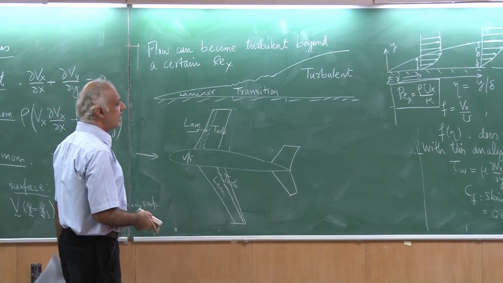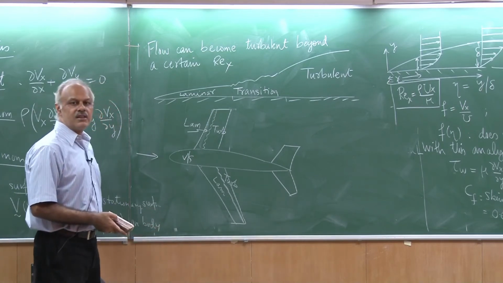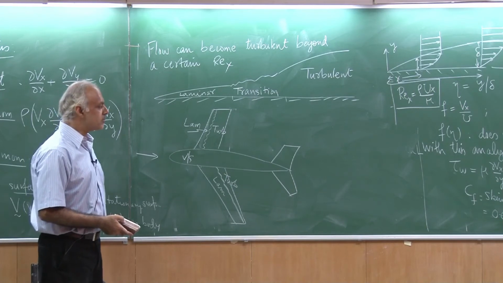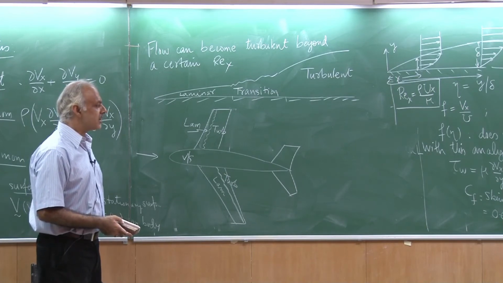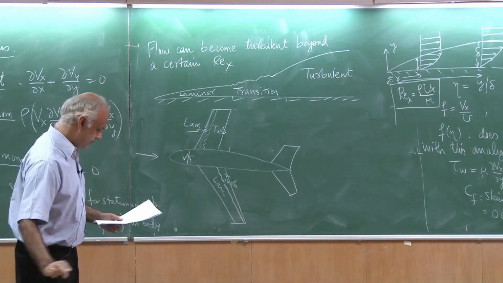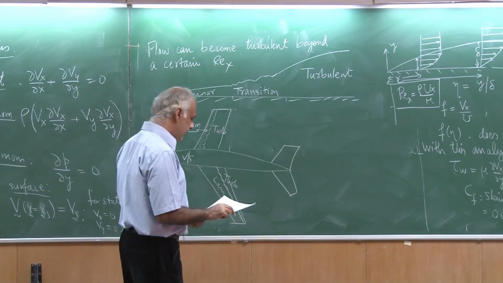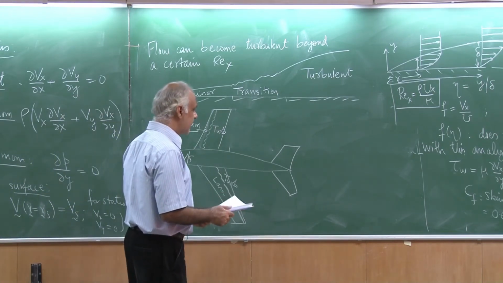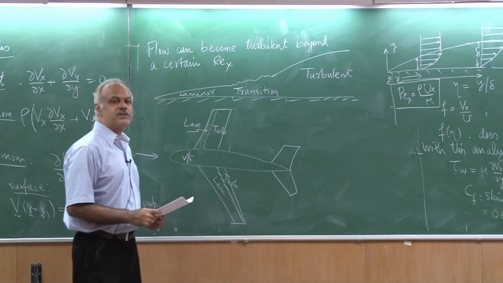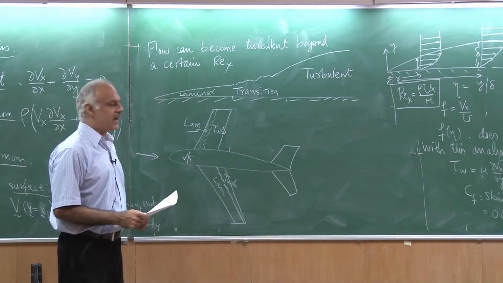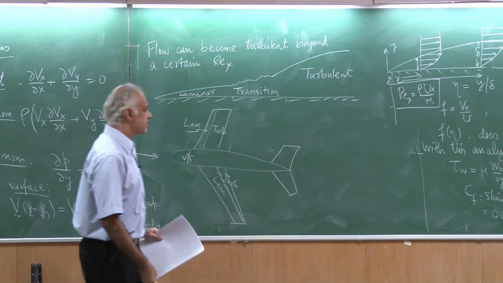Okay, so let's talk a little bit very briefly about the drag coefficient that one would expect on a turbulent flow past a plate. So I am not going to give you too many details, but I will just show you a possible velocity profile and then give you some expressions.